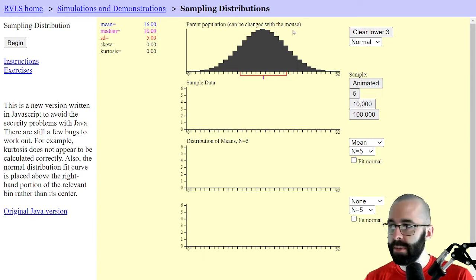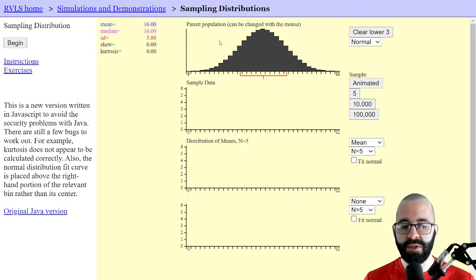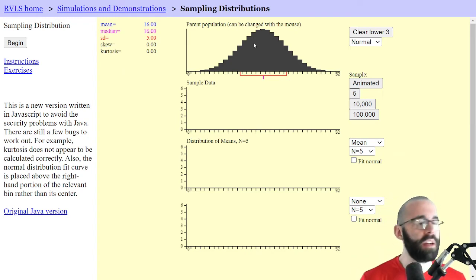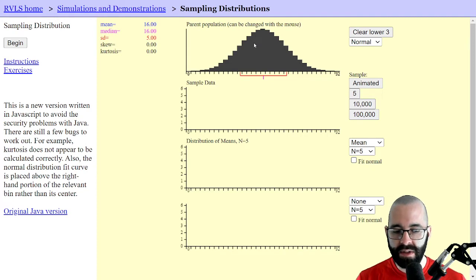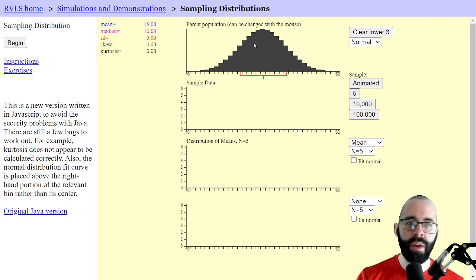Let's start by looking up here at the parent population. This is a normal distribution. Let's get some hard specifics. Say we're looking at some SPSCC students, and we're asking, what's your favorite number between 0 and 32?